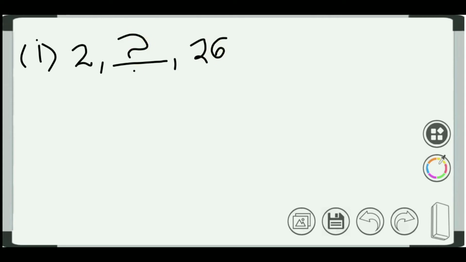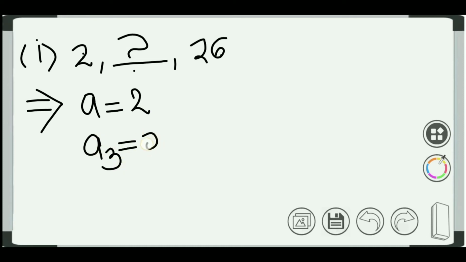So first of all, we need to write the given details. What is given? First term is given, so you can write a is equal to 2. Third term is given, so you can write a3 is equal to 26. Now expand a3 by using the formula an is equal to a plus n minus 1 into d.